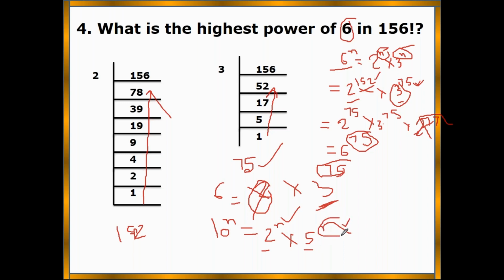The answer should be the lower power, which is for the largest prime number. Why should you go for the 2 power again? So if you want the 6 power, directly the 3 power is the answer. If you want the 10 power, directly the 5 power is the answer. So what is the final answer for this question? 75 is the correct answer. 6 power 75.